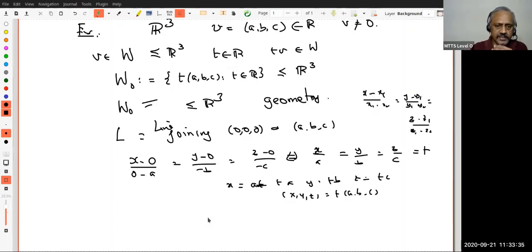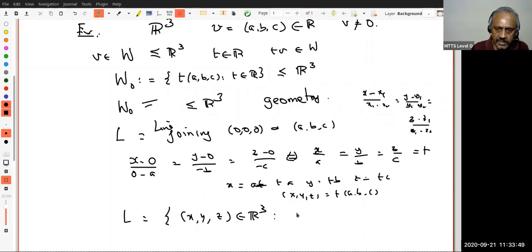So the line joining these two is given by the set of (x, y, z), a subset of R3. It is given by the set of all points (x, y, z) in R3 such that there exists a real number t so that (x, y, z) is t times (a, b, c). But this is nothing other than our W naught. You understand that?